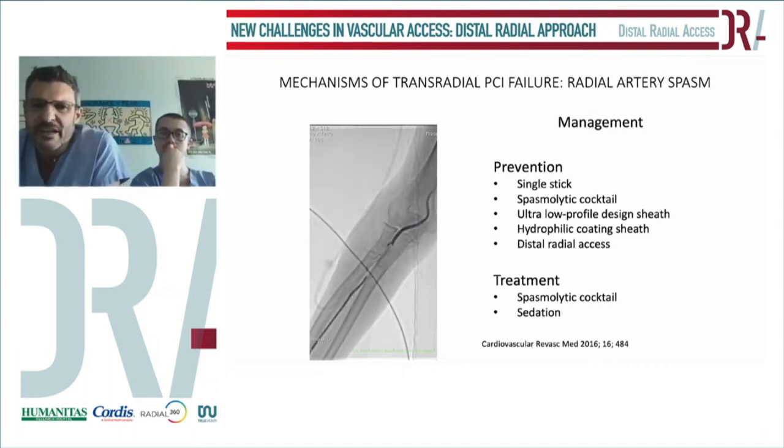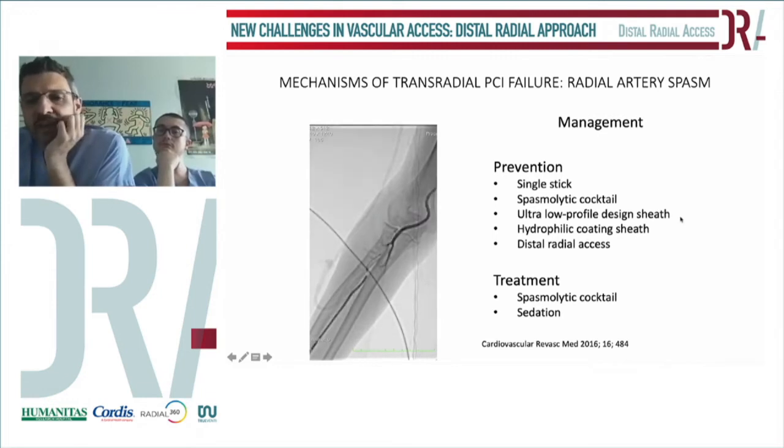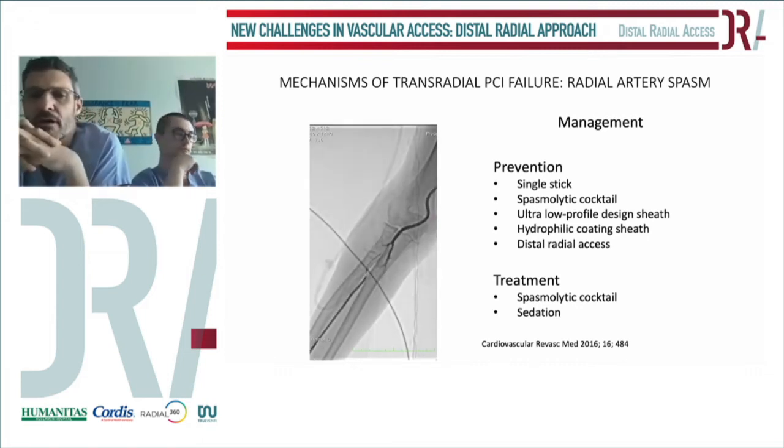or to use a spasmolytic cocktail, but obviously you have to puncture the artery before, and then you can administer a spasmolytic cocktail. But in terms of introducer, the use of an ultra low profile design sheath or one with a hydrophilic coating could greatly reduce the rate of radial spasm, which is the main cause of distal radial failure or need to perform a crossover.